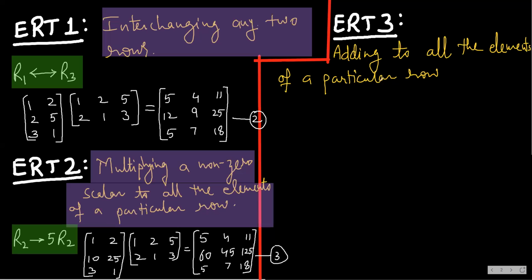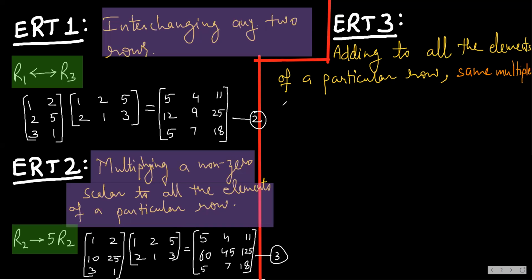So adding to all the elements of a particular row, same multiple.